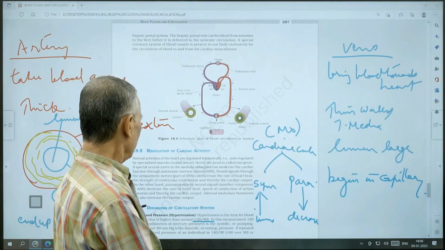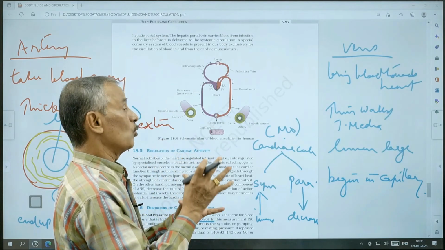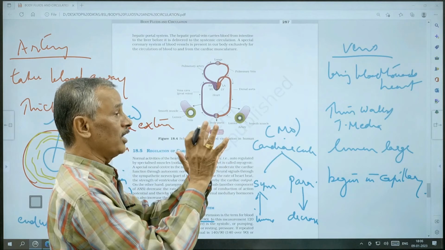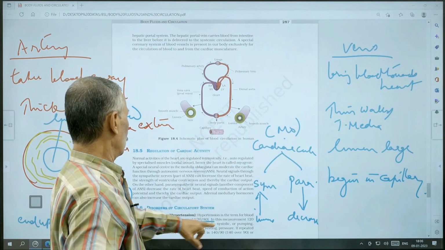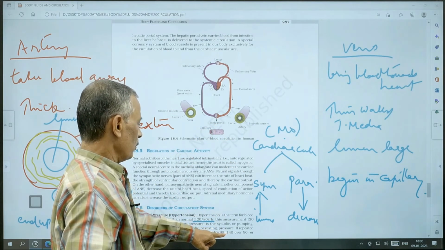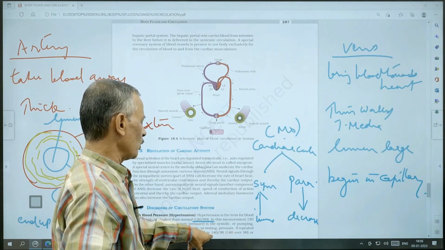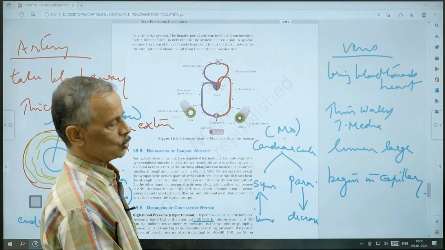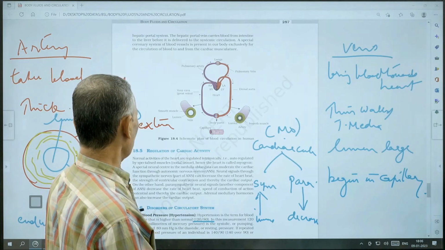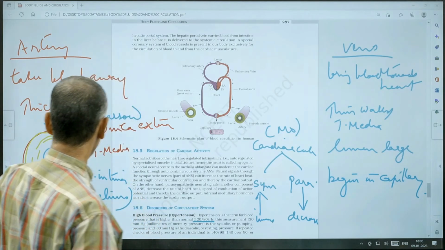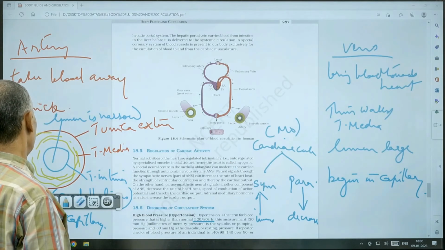But if this pressure keeps increasing and is sustained at 140 over 90, 140 for systole, 90 for diastole, then it is called high blood pressure or hypertension, which is dangerous to our existence.